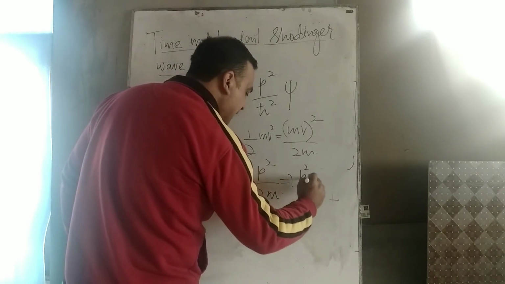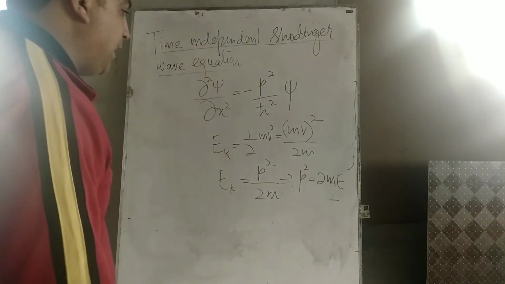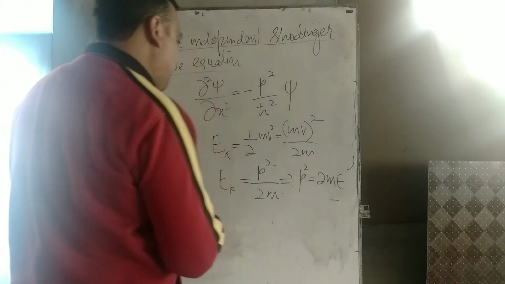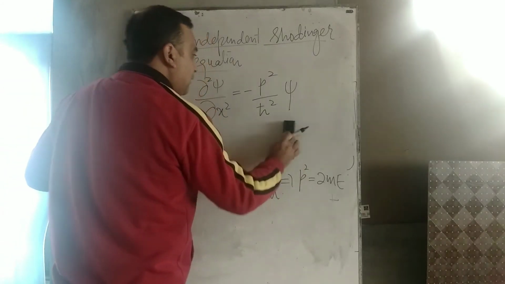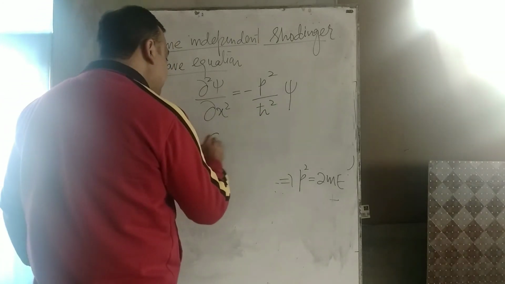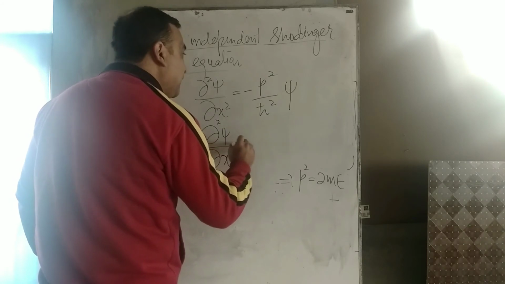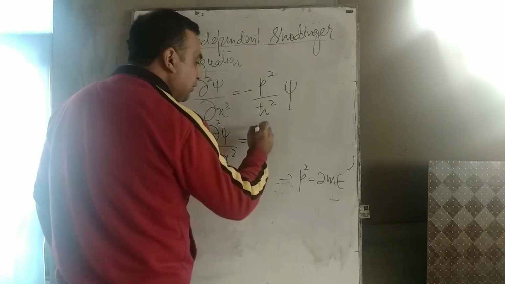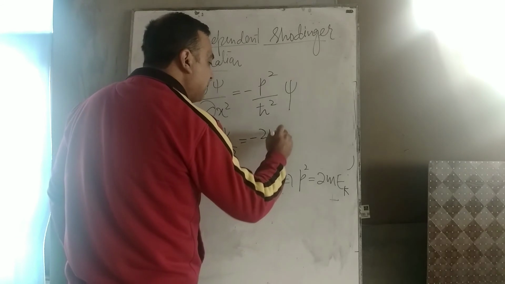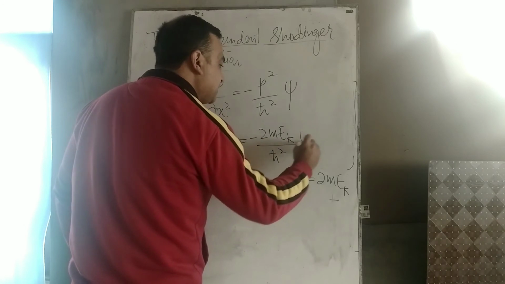That means this p square is twice m Ek. So I can use this p square is equal to 2m Ek in this equation. When I do that, what I will obtain is the double derivative of psi with respect to x is minus twice m Ek divided by h bar square psi.